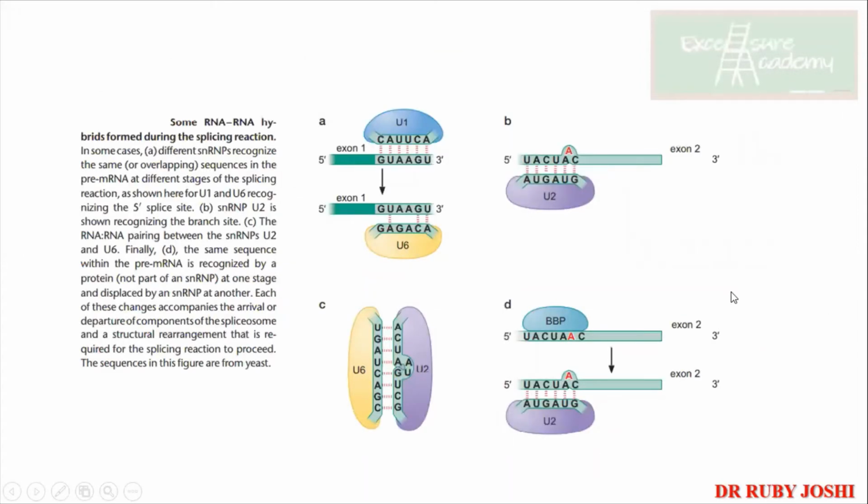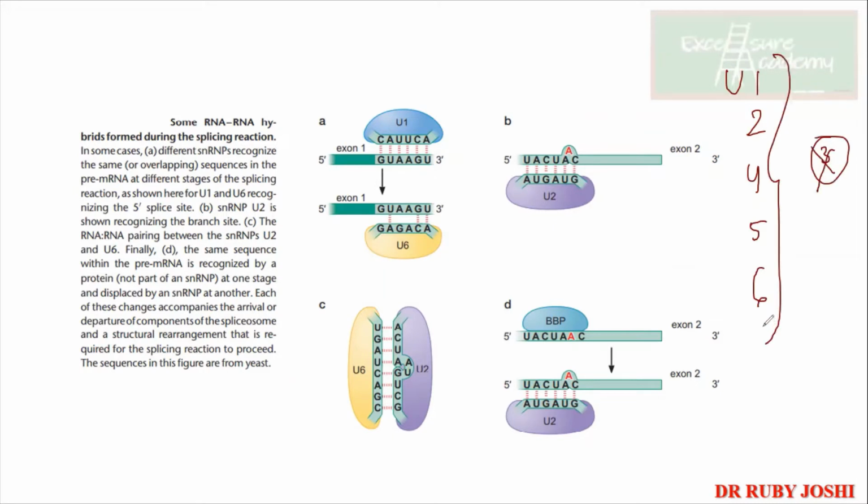Now this is where you will see the RNA-RNA interactions. Thoda sa important hai, because you need to remember which one is forming a base pair with which spliceosome component. We already mentioned that we have U1, 2, 4, 5 and 6. 3 nahi hai, so just cancel 3, and the rest all 5 belong to the spliceosome machinery.